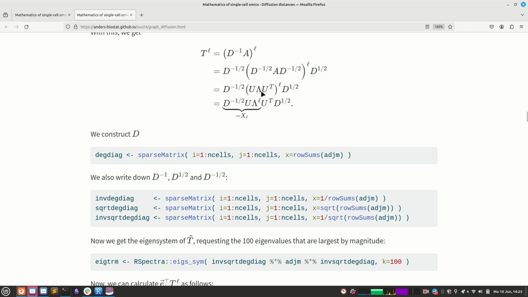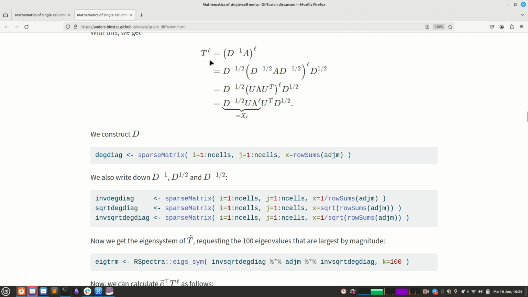The reason I make my break exactly here, between the lambda to the L and the U transpose, is that this allows me to reduce my matrix to something much smaller. The transition matrix, if I have 10,000 cells, is a giant matrix of 10,000 by 10,000 elements. As long as I only make a few transitions, everything stays in the neighborhood and the matrix is very sparse.